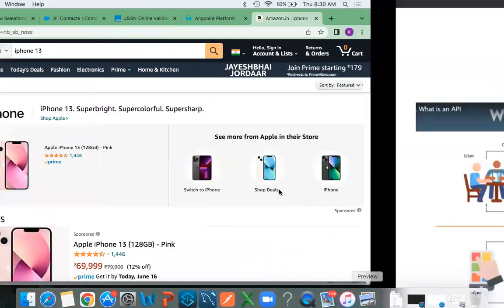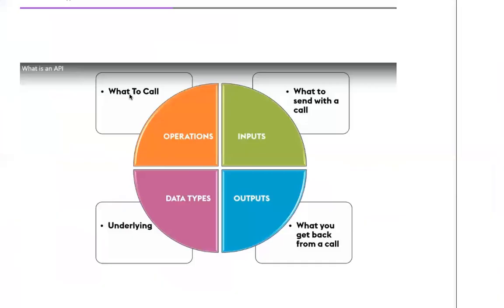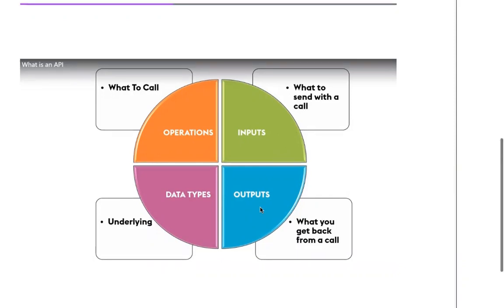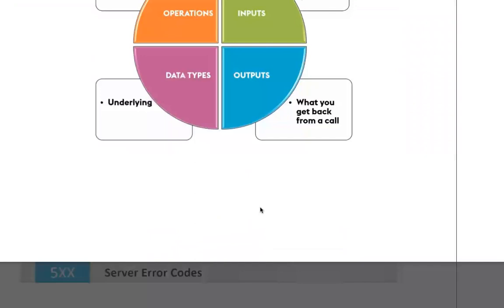So you can take so many examples. First, what we can do, what to call. So this is the API lifecycle. What to call. First, we need to provide operations. Suppose if you want to open Redbus or whatever it may be. And then we need to provide some inputs, right? Once you provide inputs, you will get the output. So this is the structure of the API.